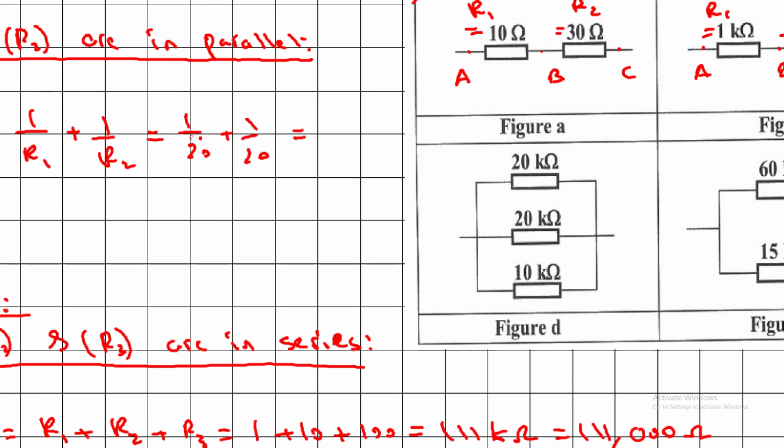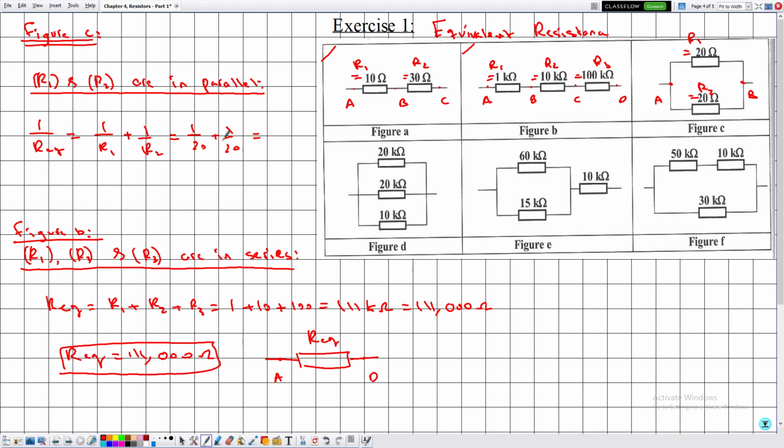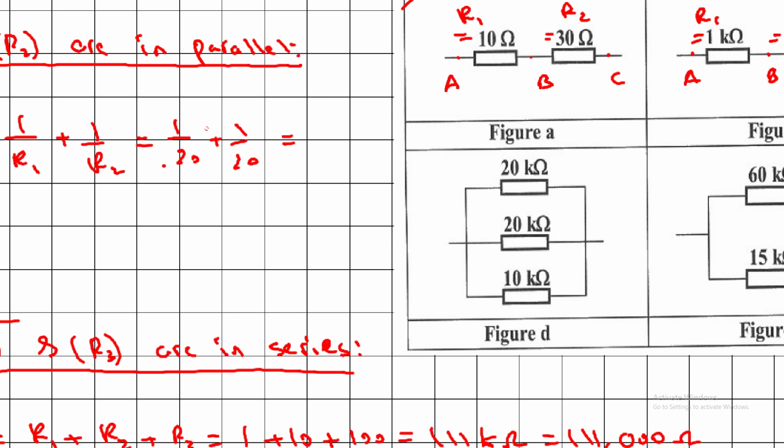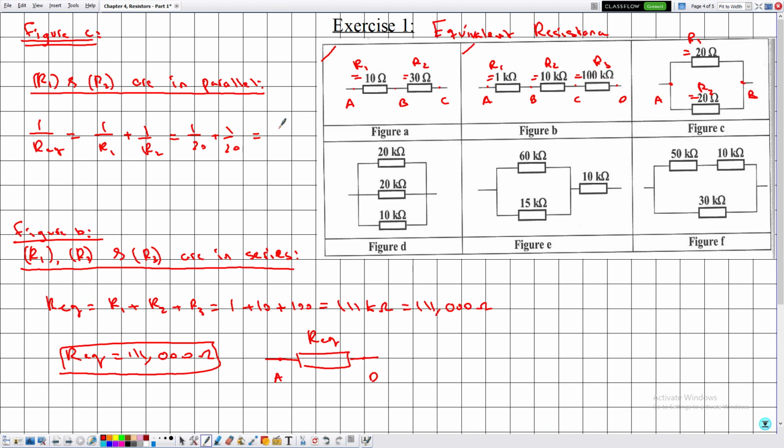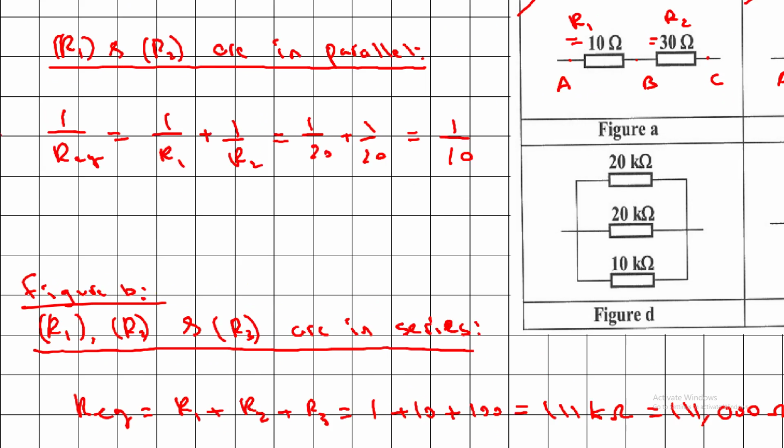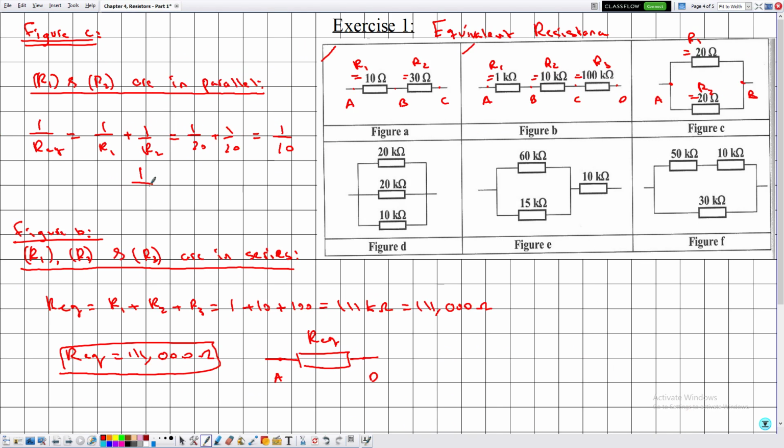First one, that we need to consider the common denominator, in this case 20, and also you need to consider that the answer of the fraction must be in the simplest form, or simply you plug this expression on the calculator and the value is given by 1 over 10. But notice that in this case we have determined the value of 1 over R equivalent and not R equivalent.